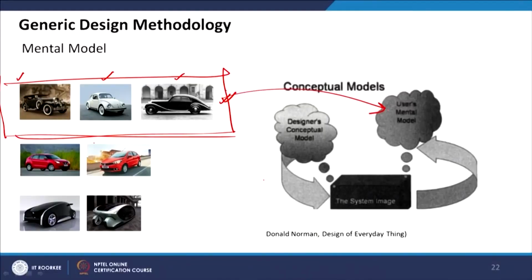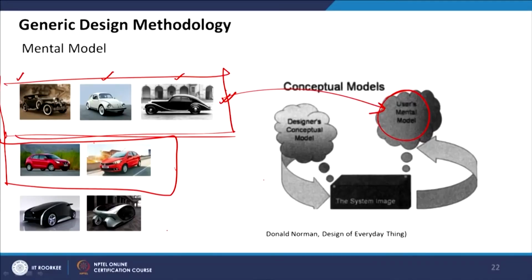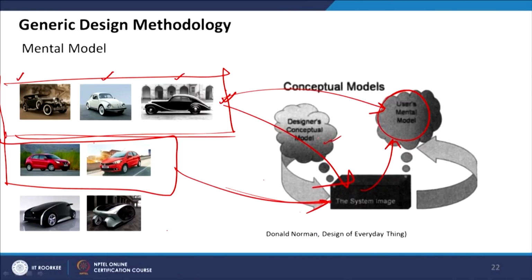Based on this system image, the users' mental model at that time will be something different. Now we are in this era where we see Maruti, Tata and Honda cars which look something like that. So the system image has this plus this that was already there, and now this, and the mental model will definitely change. Now when designers think about a futuristic car, these are some examples of Toyota's futuristic car and some other companies' futuristic cars.